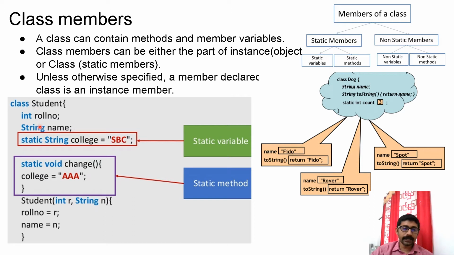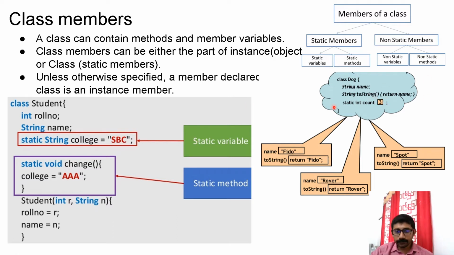Other things have instance scope. That means when you create an instance of the class Student, in each object you will have an entry for roll number and name. But this particular college name will not be part of any particular object because that is a static member. So that will be part of the class.